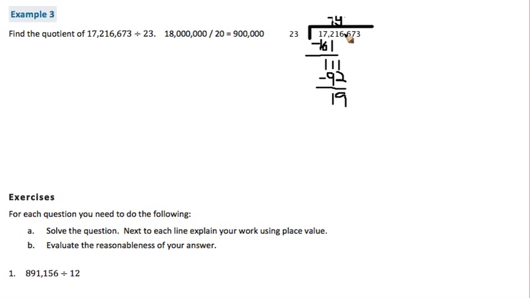We need to bring down our next digit, which is a 6. 23 go into 196. 9 is definitely going to be too much. We can try 8.